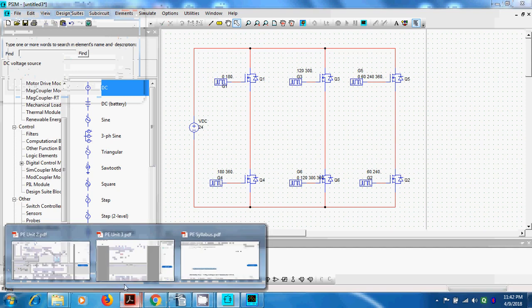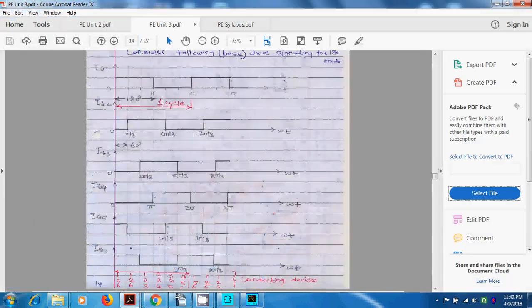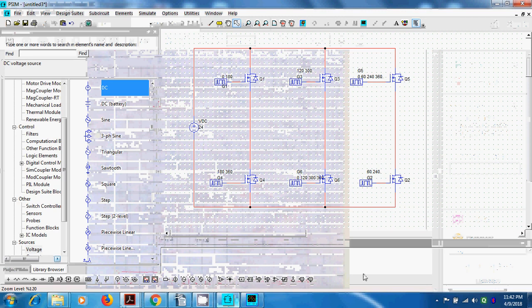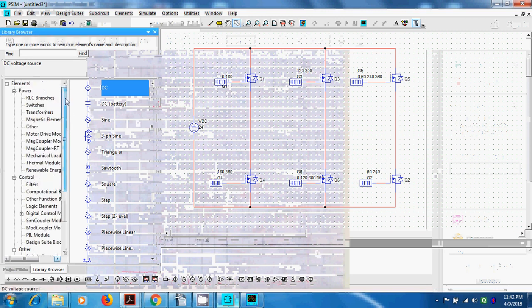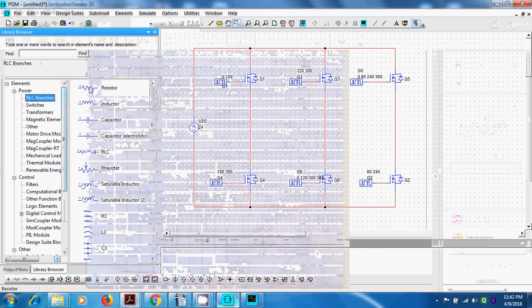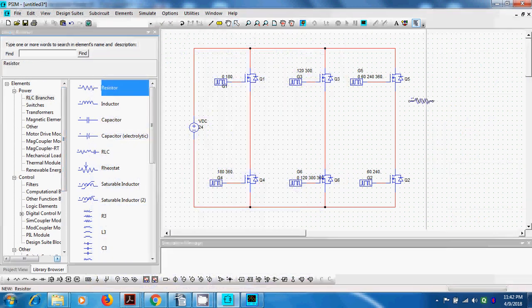Okay, so these are the gate triggering pulses. So definitely these gate triggering pulses will be the same as the gate triggering pulses that I should get. Now the next part is to construct the resistors. I want to find out VRN. So see, this is one resistor, another resistor, another resistor. So these are the three resistors.